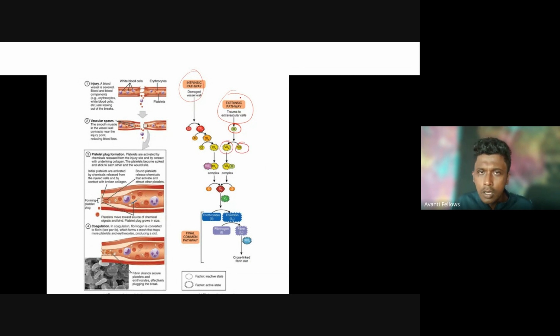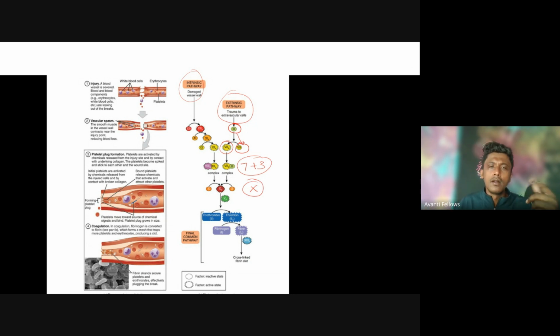With the injury, you have factor 3 formation, and factor 3 starts activating factor 7 to factor 7a. When 7 and 3 combine, it becomes factor 10. Factor 10 is also called the common factor. That is the extrinsic pathway.